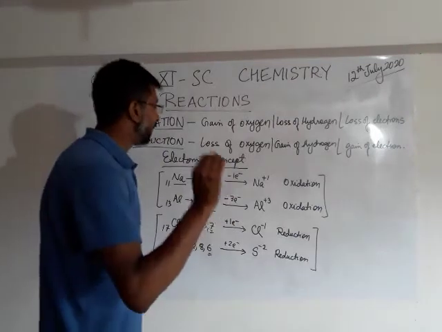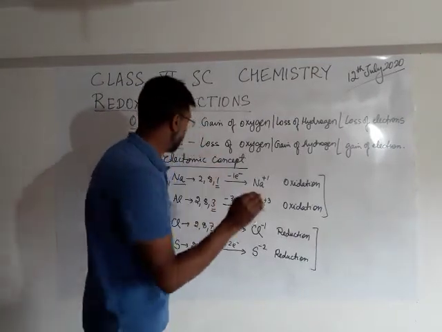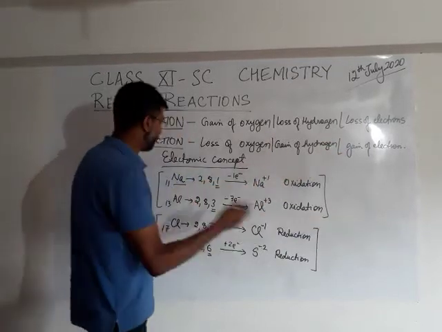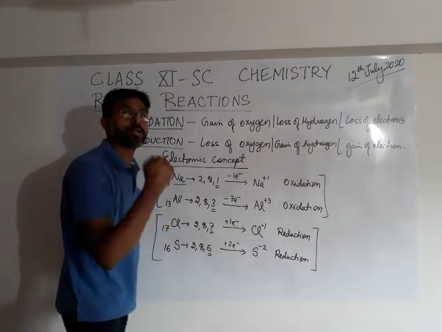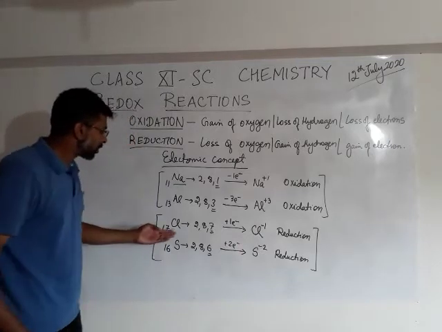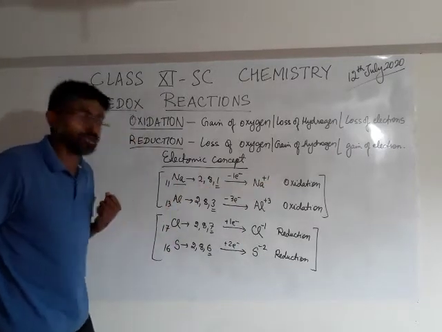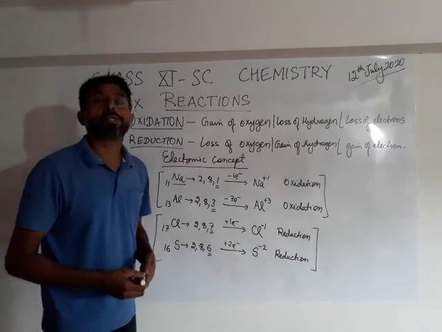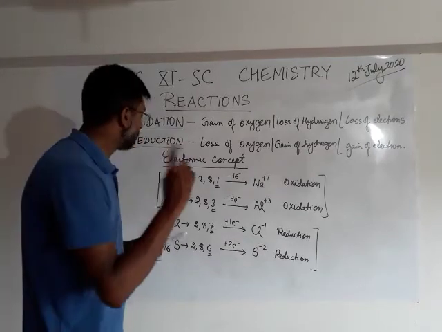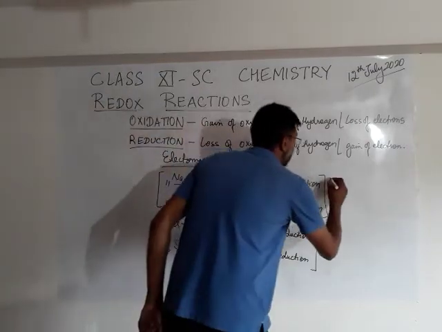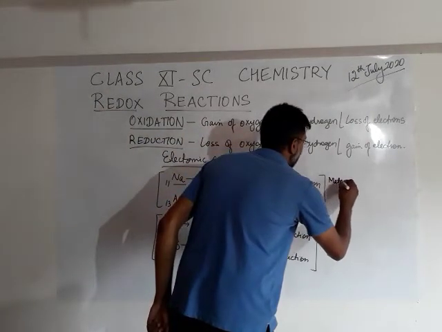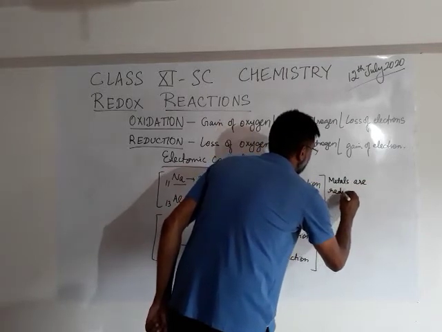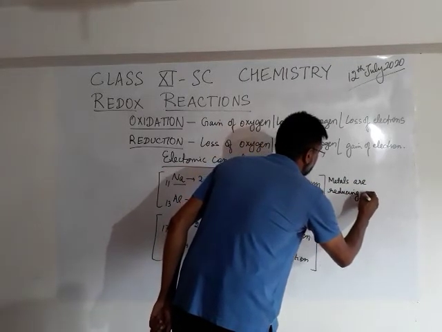This electron goes somewhere and reduces something. That is why metals are reducing agents. Whereas non-metals take electrons from somebody. That is why non-metals are oxidizing agents. So we must remember: metals are reducing agents.